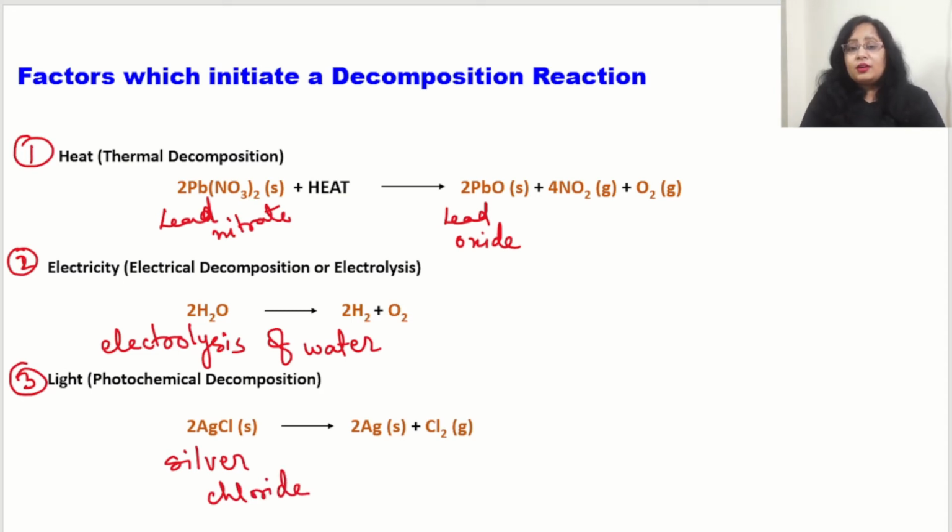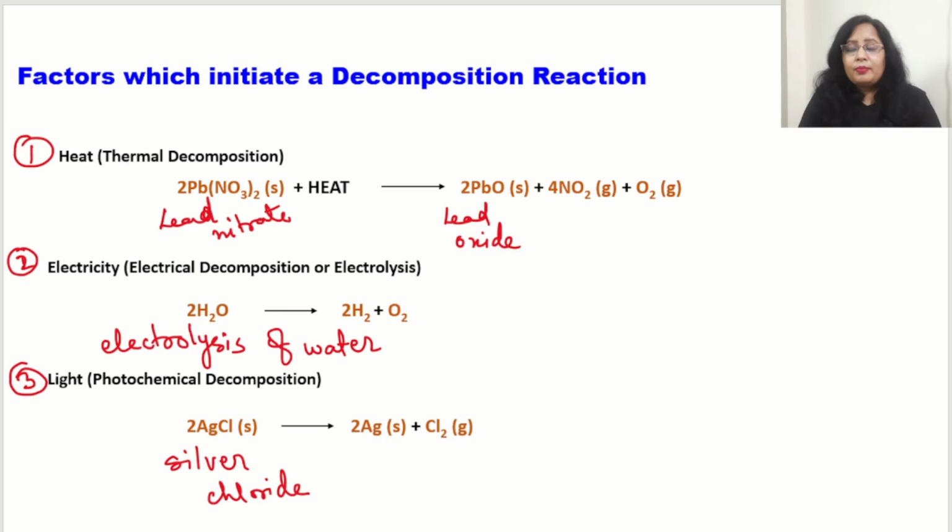Silver chloride is in the form of white powder. When we take silver chloride and keep it in the sunlight, what will happen? After a few hours, the white powder will turn to grey color. With the help of sunlight, silver chloride breaks into silver, which is of grey color, and chlorine gas will be evolved.